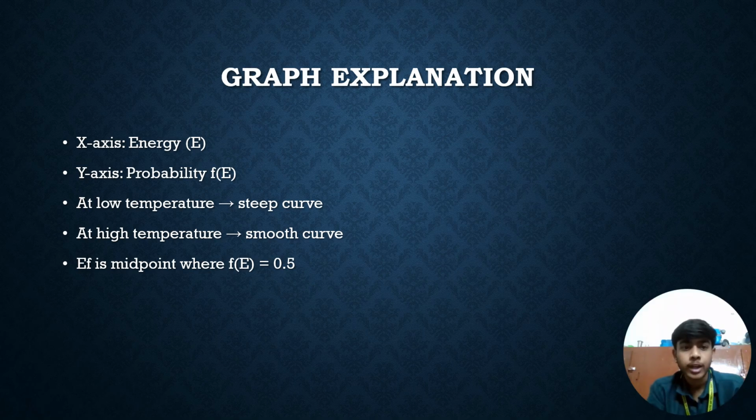On the x-axis we take energy E, on the y-axis we take probability f of E. At low temperature steep curves are formed, at high temperature smooth curves are formed. EF is the midpoint where f of E is 0.5. The steep and smooth curves are connected at 0.5.